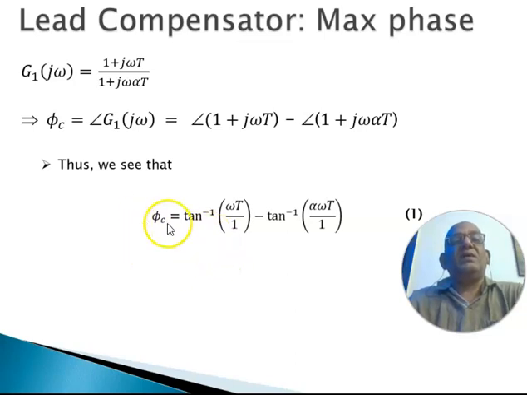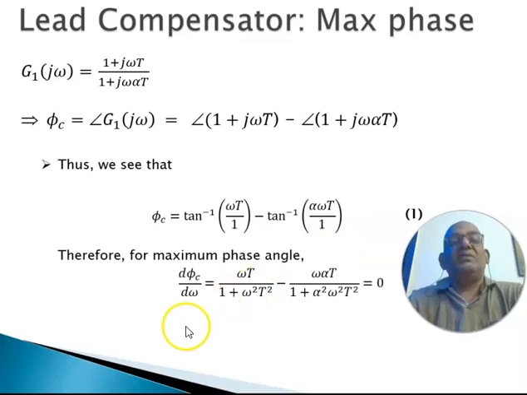Thus we see that phi c is tan inverse omega T minus tan inverse alpha omega T. For maximum phase, the derivative of this with respect to omega must be 0.